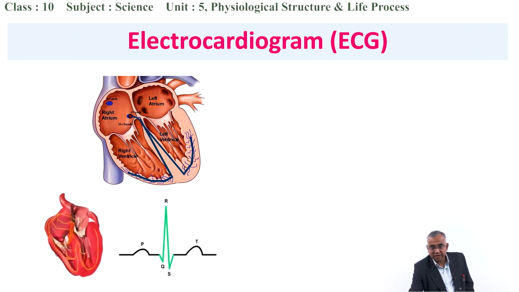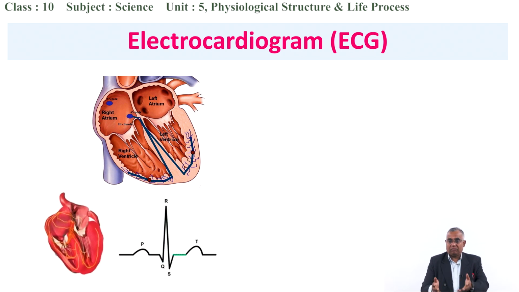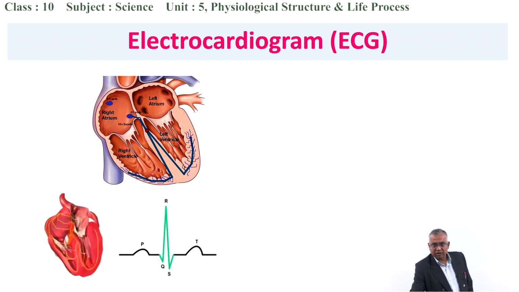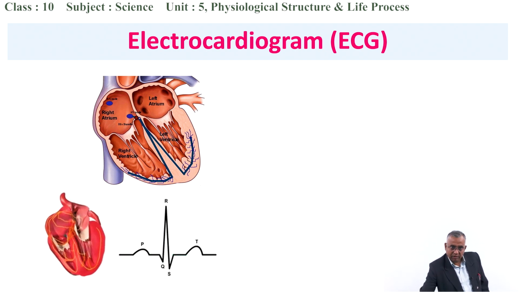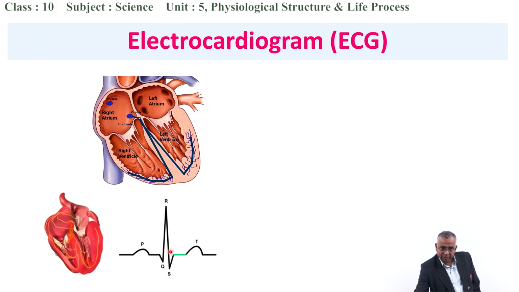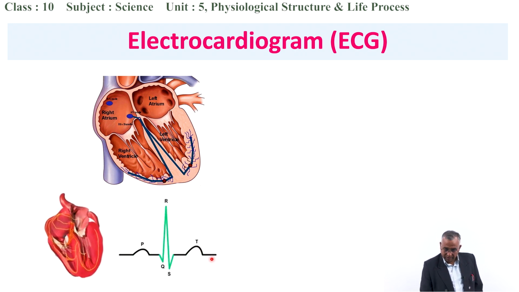In the electrocardiogram, the heartbeat shows contraction of ventricles and relaxation of ventricles. So the main role is of what? Ventricles. This one is contraction of ventricles, and this one is relaxation of ventricles.